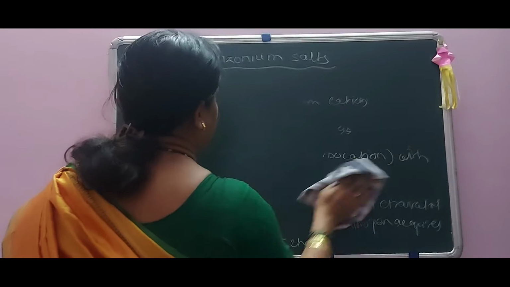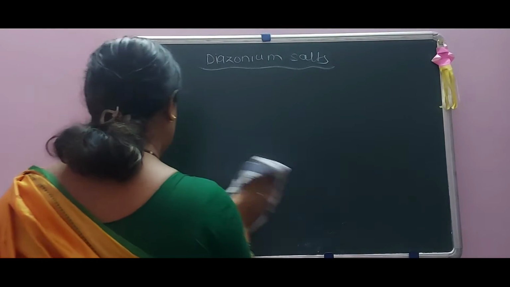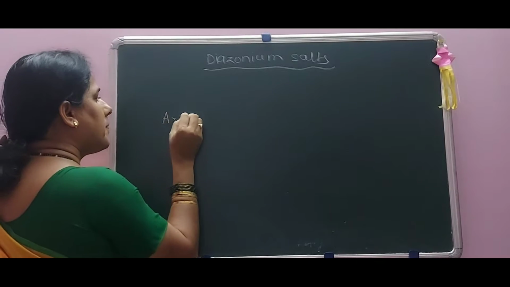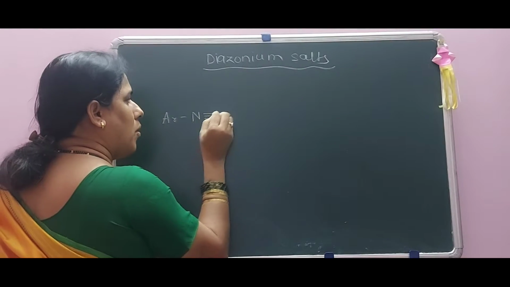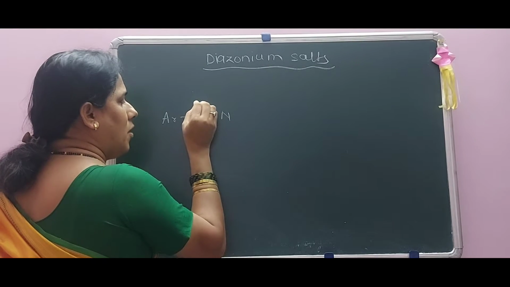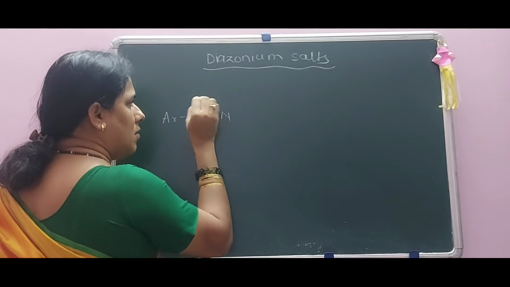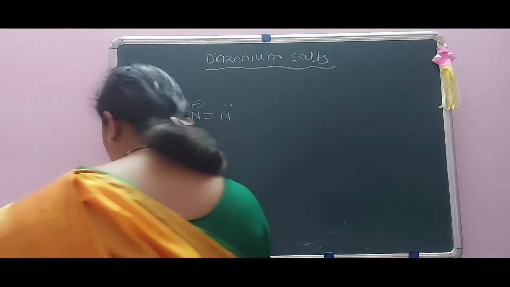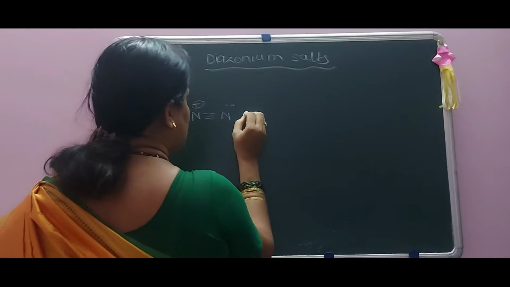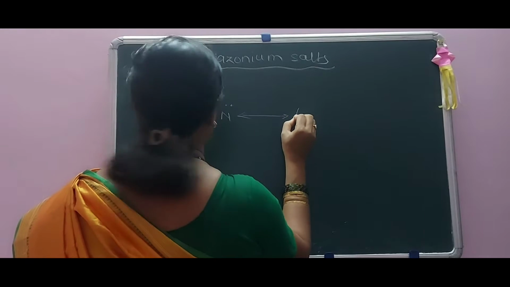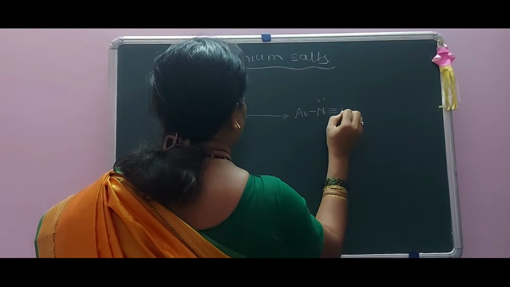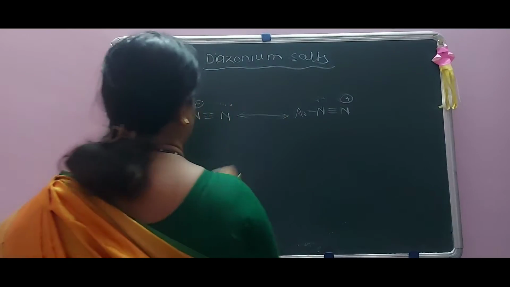Here, that is Ar nitrogen triple bond N. Okay, this is on a what? This is negatively charged here. This is on electrons here. Okay, here nitrogen due to this, and therefore its structure may be regarded as like this.